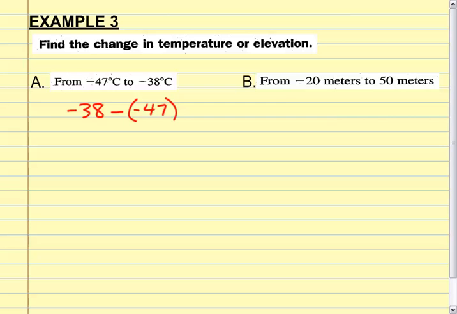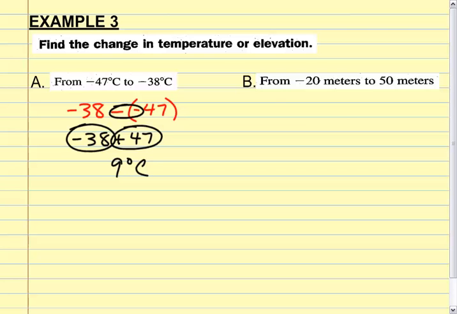Now, before I simplify, of course, I want to take these two negatives and write them as a positive. So it's negative 38 plus 47. I've got two terms, negative 38 and positive 47, and when I put them together, I've got more positives than negatives. How many more positives? 9. 9 degrees Celsius. Nice job.